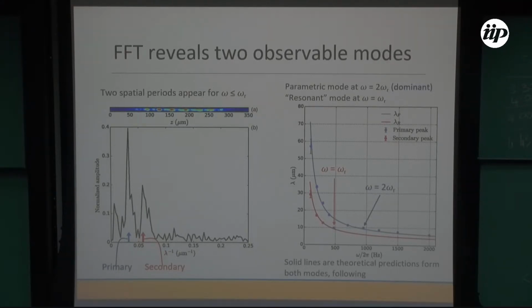And they appear up to the resonant frequency. So in this case, the dominant mode is really the resonant frequency of the trapping, the radial frequency, which is the faster. From there on, you stop seeing this secondary peak, and you only see the large peak here, which is the primary.